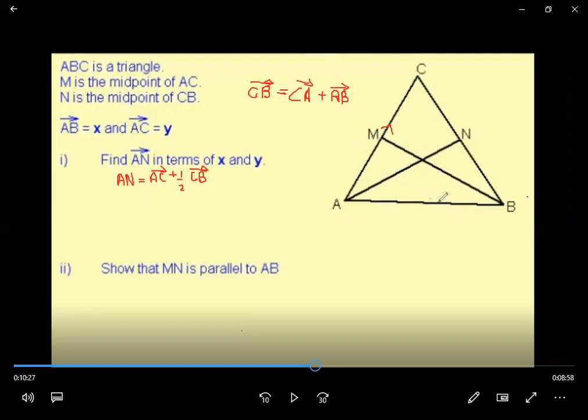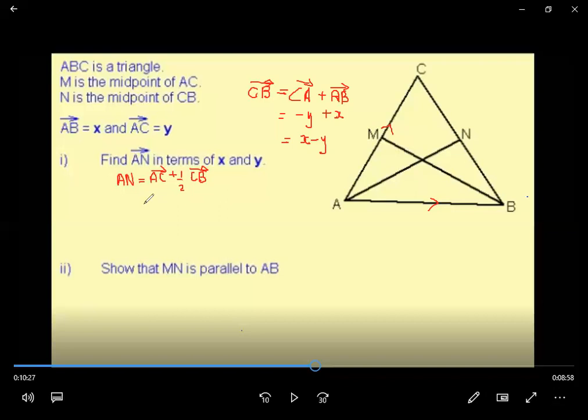So CB, C to A, and then to B. This would be negative X, negative Y plus X, which is the same as X minus Y. And as I said, I love to work with the negative sign in the middle.